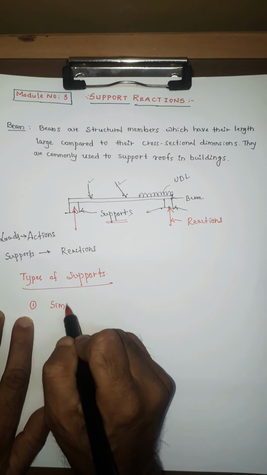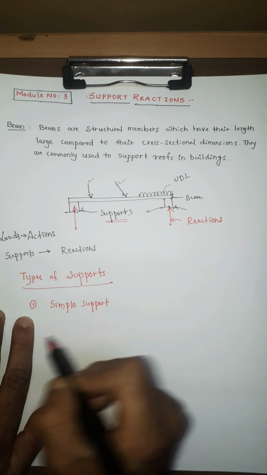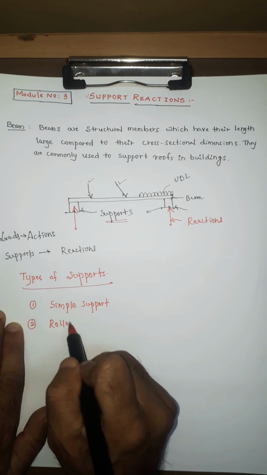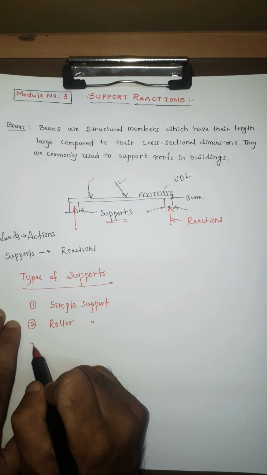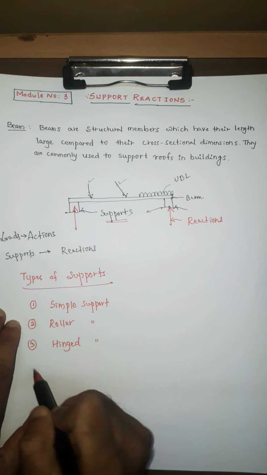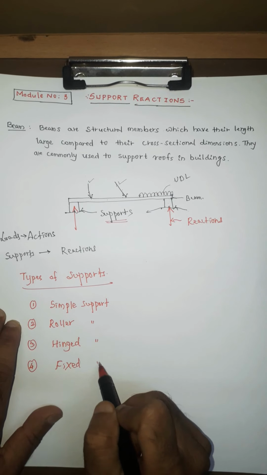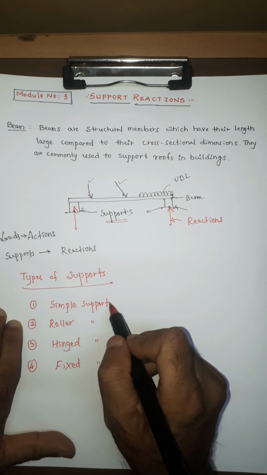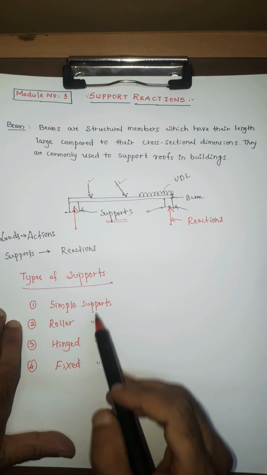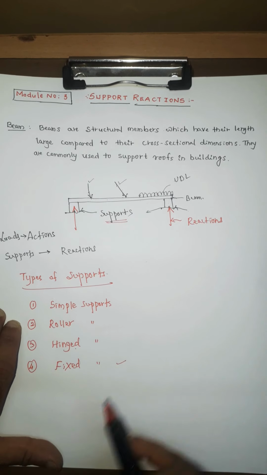One is a simple support, the second one is a roller support, the third one is a hinged support, and the fourth one is a fixed support. So there are four: simple support, roller support, hinged support, and fixed support.